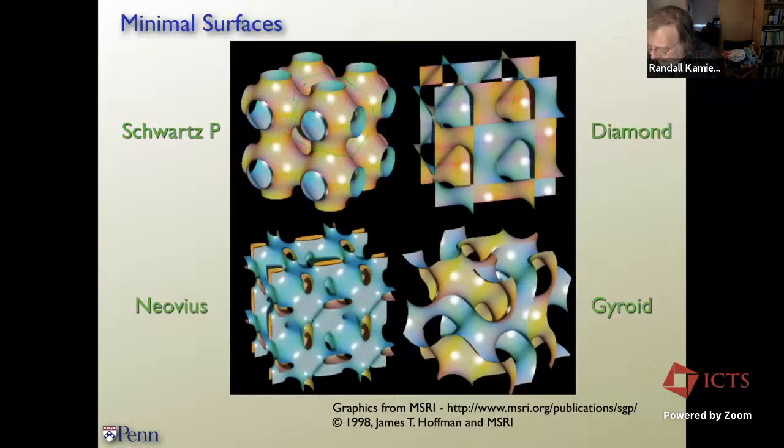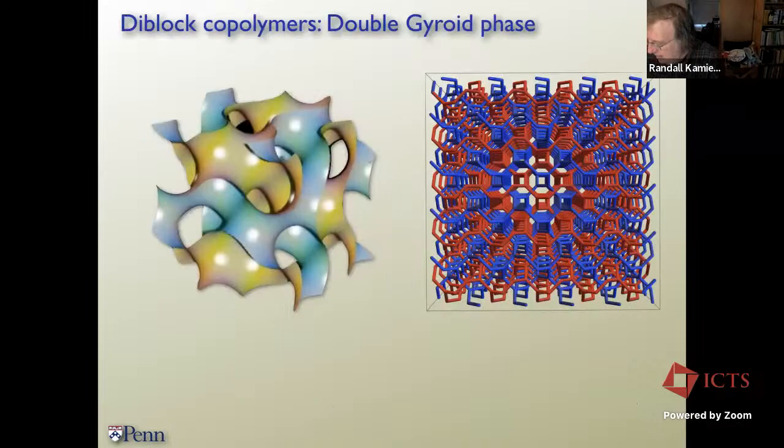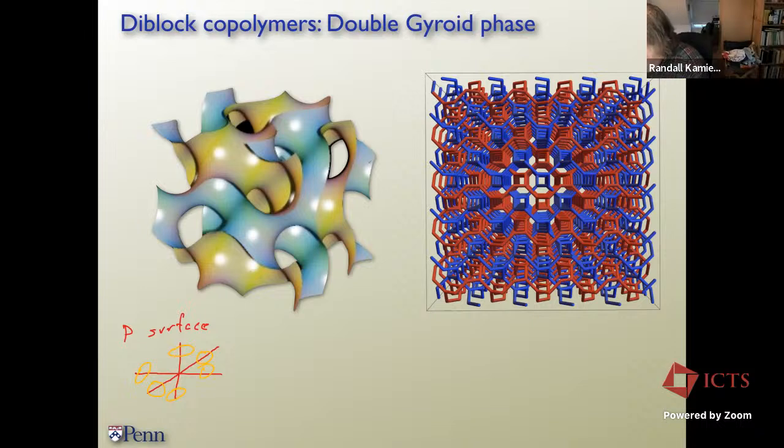And so here's a picture of it. And you can see that if I draw the networks, so this is the surface, and here are the networks.